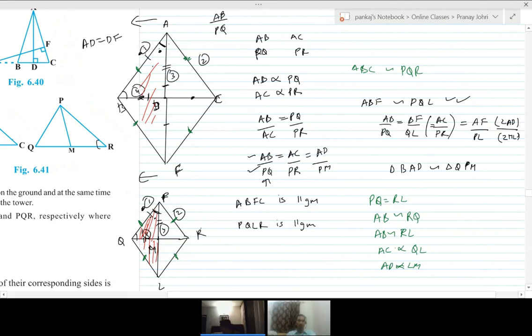We can also prove this angle, CAD, using the same, CAF and MPR, RPL, using triangles CAF and PRL. So this would come equal, and if this is equal, then this would be equal to the whole of P. So SAS. And yes, we can prove.